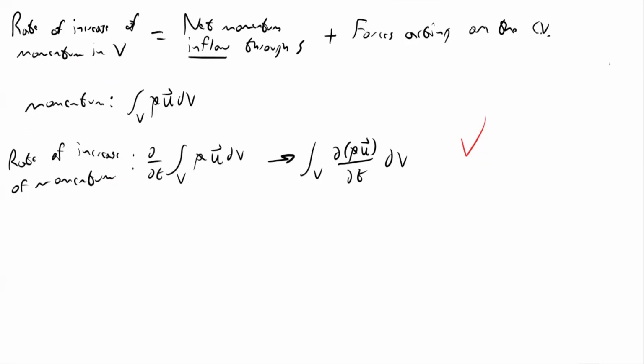Okay, so now we want to think about momentum flow. Well, you could consider momentum flow as a mass times an acceleration, or what we will consider here as a mass flow times a particle velocity. So we can represent that as m dot u, where the dot refers to a time derivative.